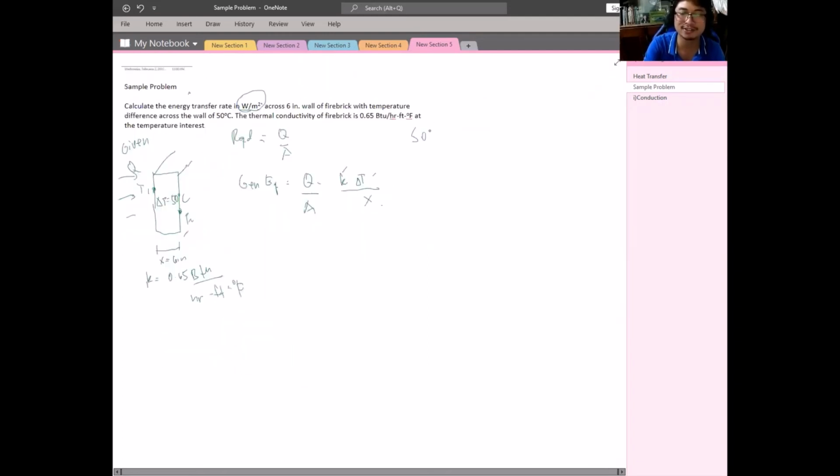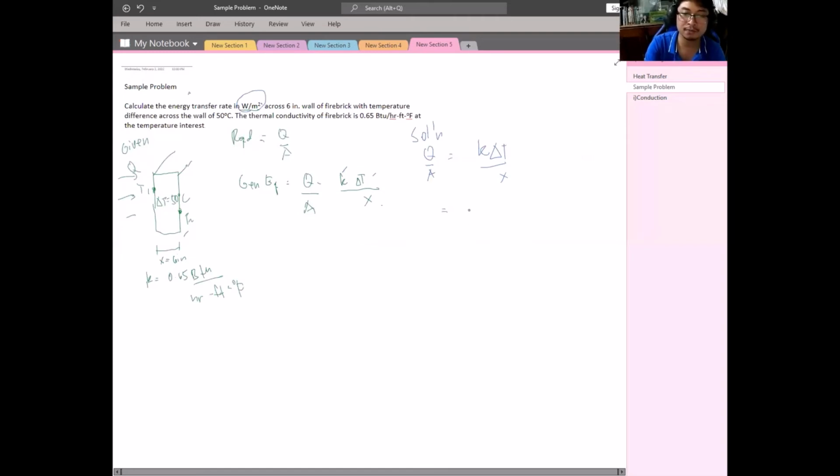So, solution. Q over A is equal to k ΔT over x. Gawin natin English muna, mas gusto kong gawin yun para medyo masanay yung conversion ko.